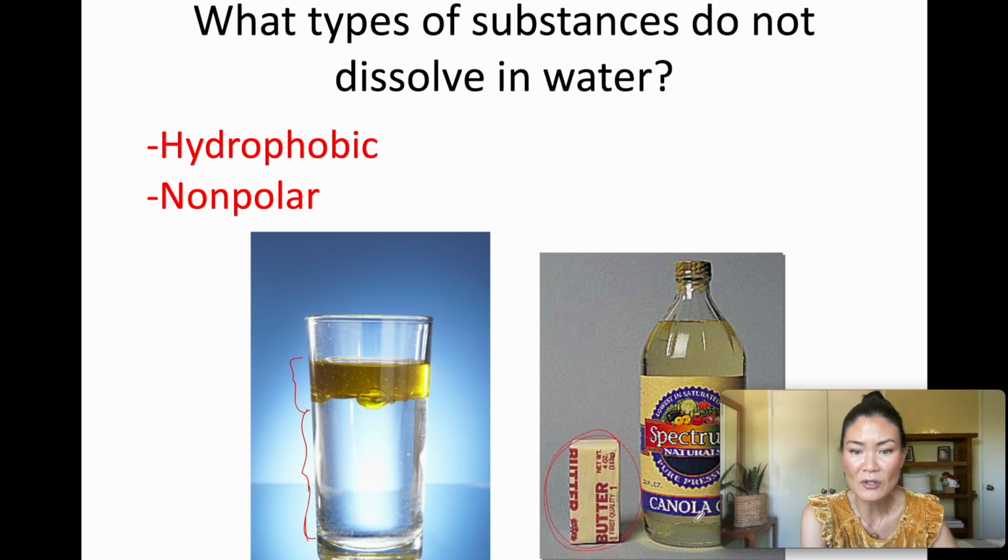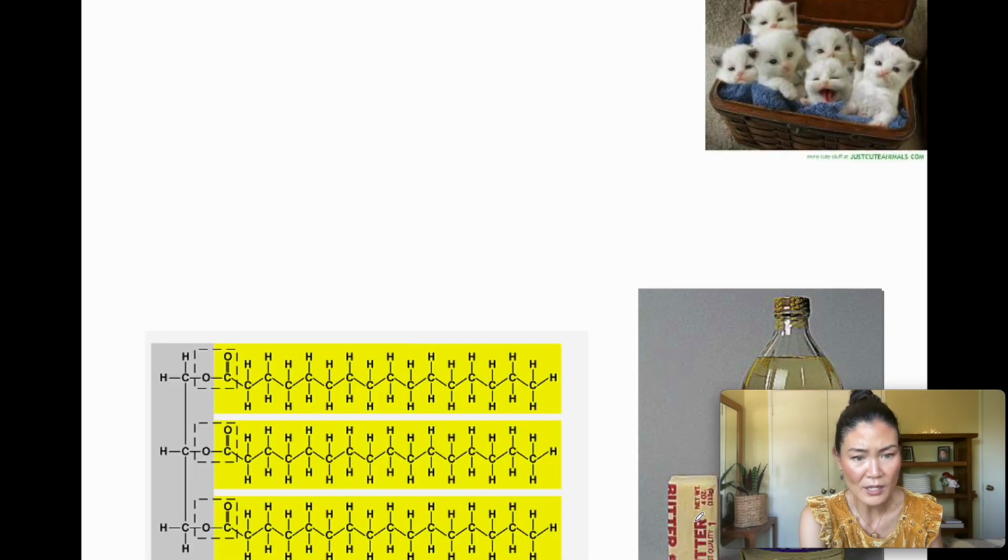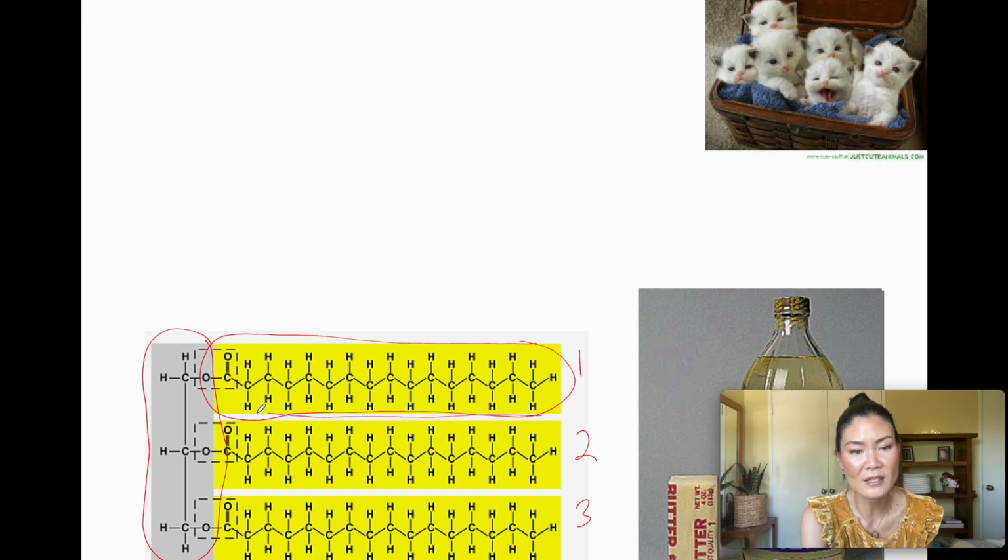Let me show you a picture of what a fat molecule looks like. Okay, so this is a fat molecule. A fat molecule is made up of really four things, okay? This is the glycerol molecule, and then it's made up of 1, 2, 3 fatty acid chains. The fatty acid chains are what we call hydrocarbon chains.